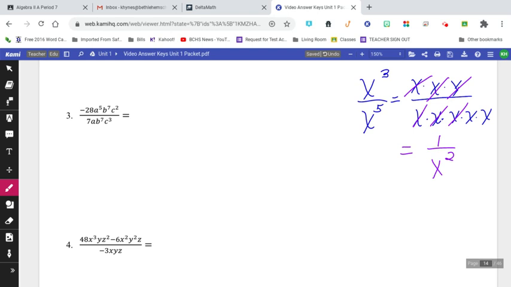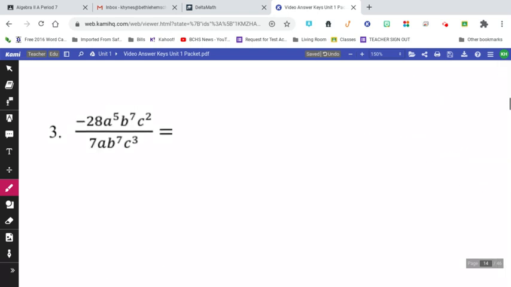So with something like number 3 here, whenever you have a problem that's a fraction and there's a lot going on, what I start off by doing is simply drawing the line. And very simply, things are either going to end up above the line or below the line. If nothing ends up above the line, you have to fill in a 1.